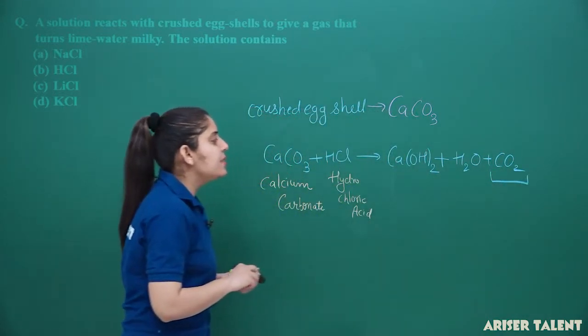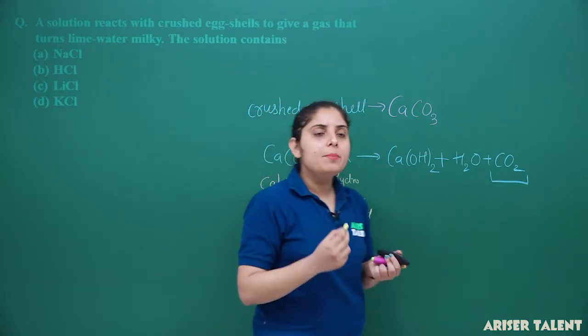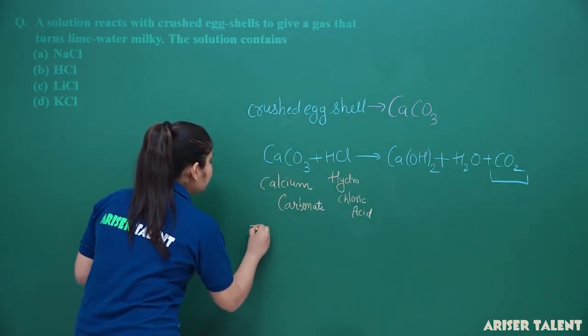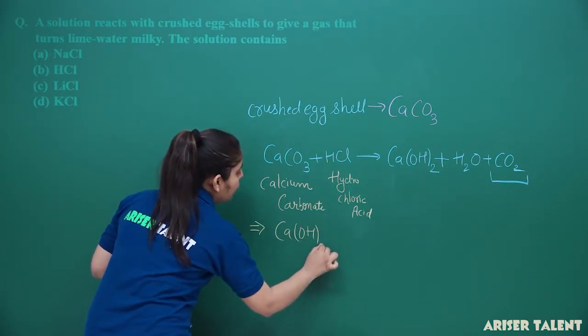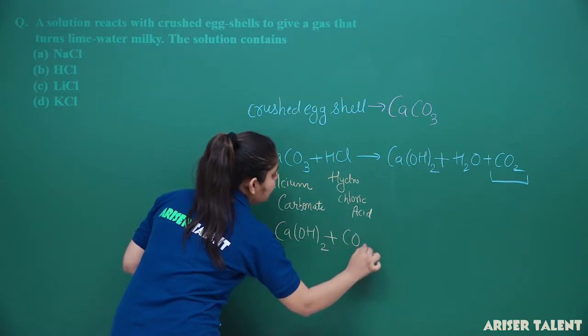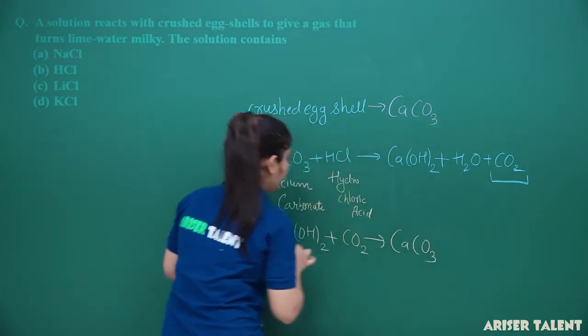This carbon dioxide will turn the lime water milky. Ca(OH)2 reacts with CO2 to form CaCO3.